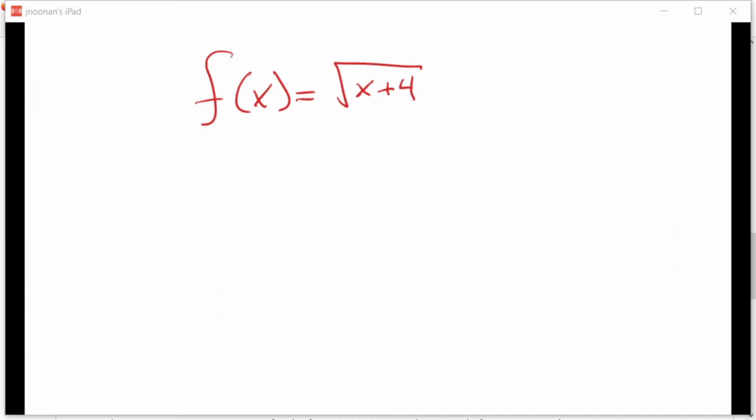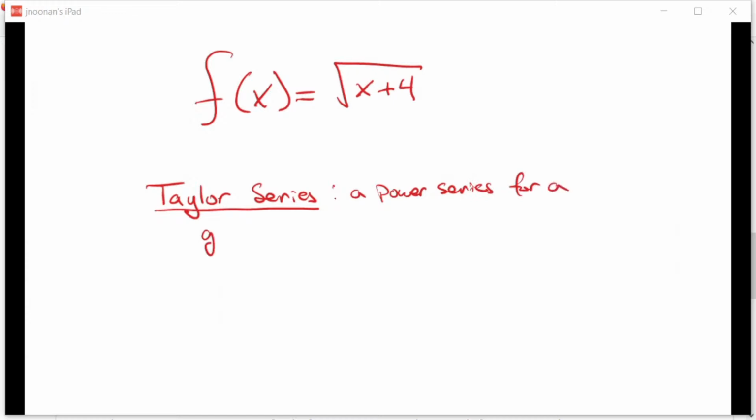So let's write down, I've got PowerPoint, but I've already got this written here. So I'll pull up the PowerPoint in a minute. So Taylor series, that just refers to a power series for a generic function. A way, hold on a minute.